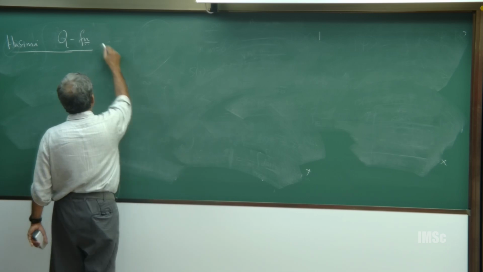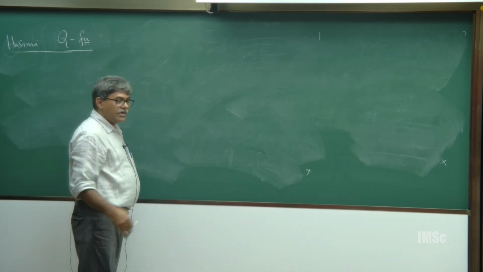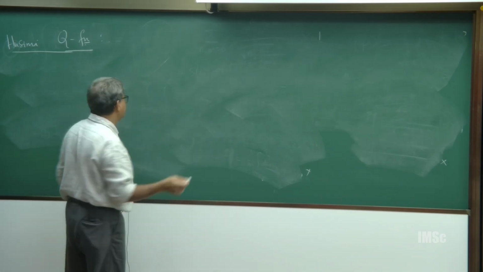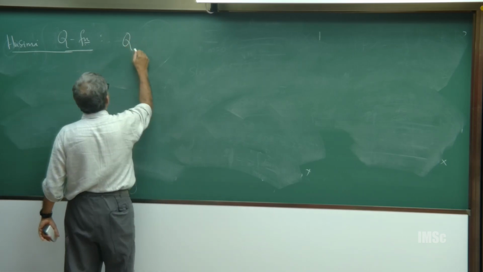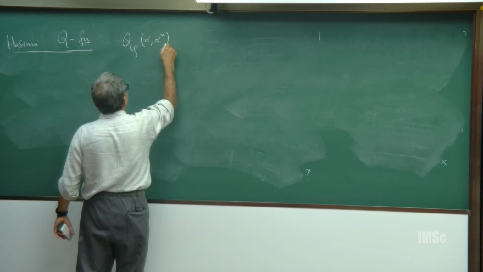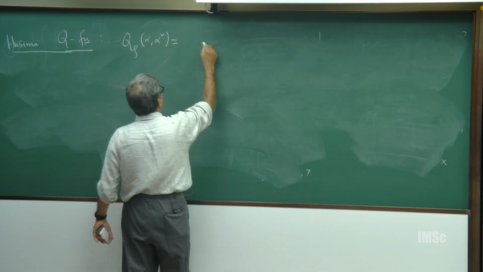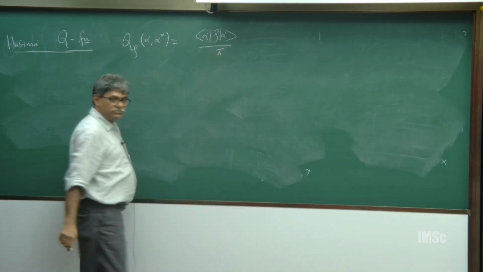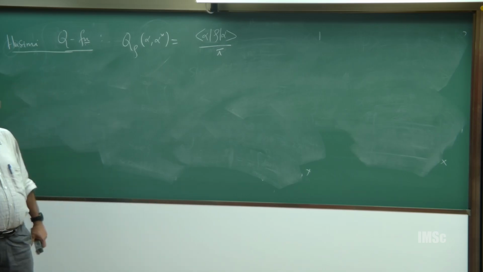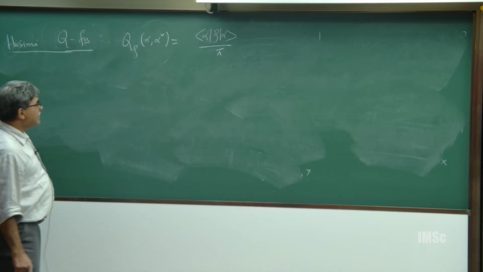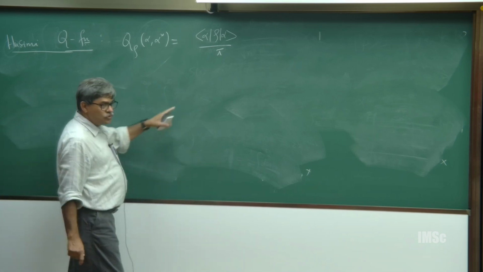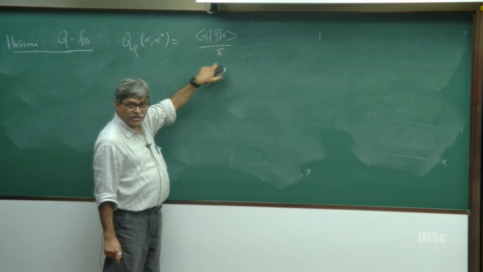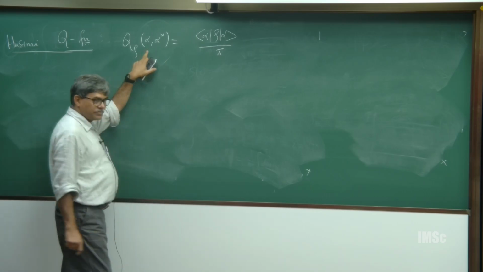I will give you a systematic definition of all these distribution functions later, but for the time being, the Husimi Q function Q(alpha, alpha star) is equal to <alpha|rho|alpha> by pi. That means you take the expectation value of your state with respect to a coherent state and then multiply by 1 upon pi, and that will give you this function.